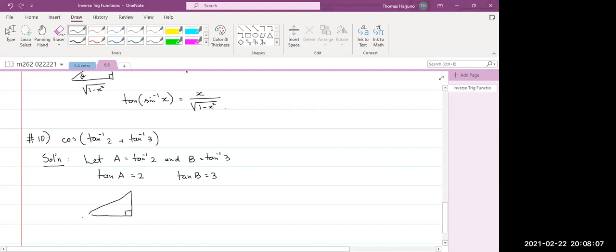So if this is A, this will be 2 over 1. So by Pythagorean theorem, this is radical 5. While for angle B, tangent B is 3, gives us 3 over 1. By Pythagorean theorem, this is radical 10.